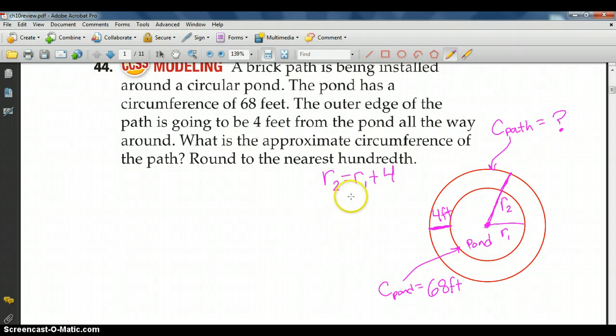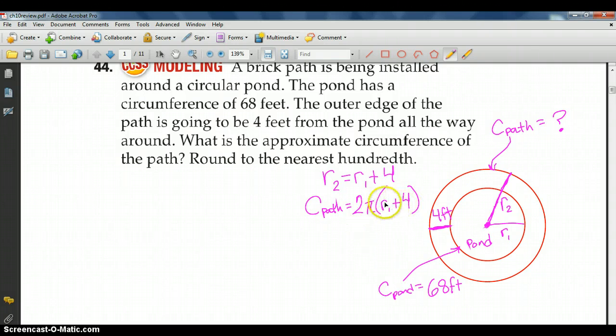In order to find the circumference of the path, that's going to be equal to 2 times pi times the radius, where the radius of the path, radius 2, is radius 1 plus 4. So 2 times pi times the radius, where the radius is radius 1 plus 4.